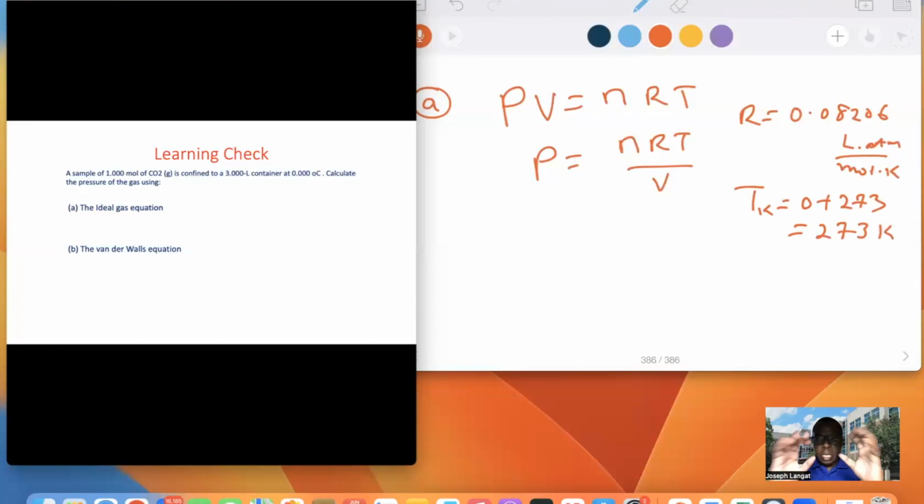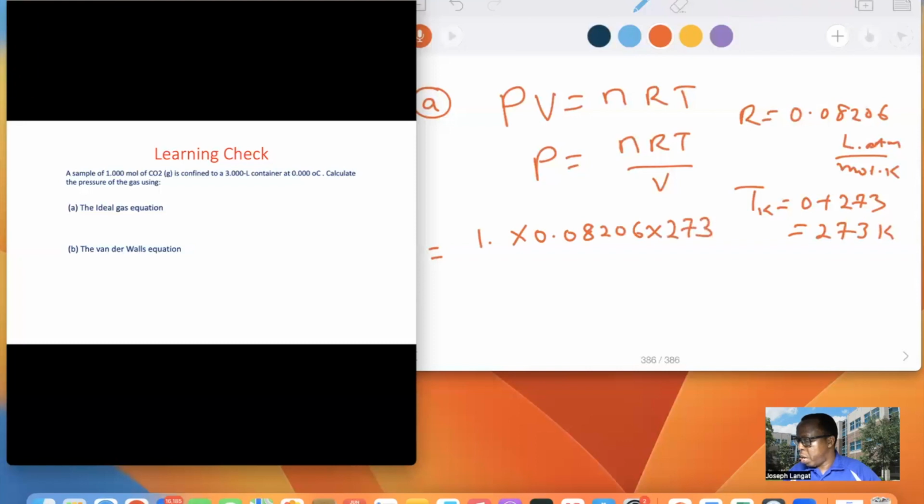Please do not just plug in the temperature, which is 0 in this case, or if it was 225, you need to change to Kelvin. So if we plug in, we have 1 mole times 0.08206. For the sake of space, I'll not put the units, times 273.